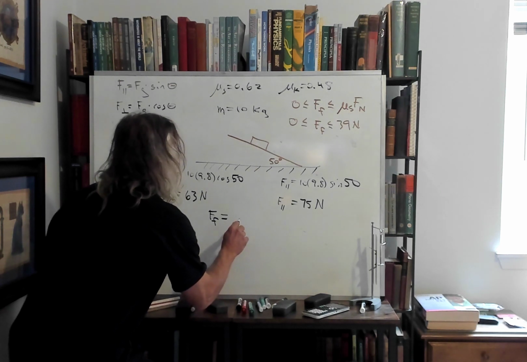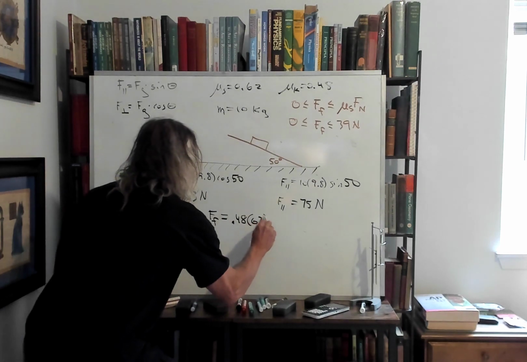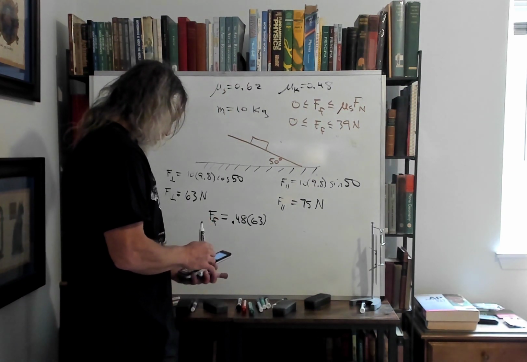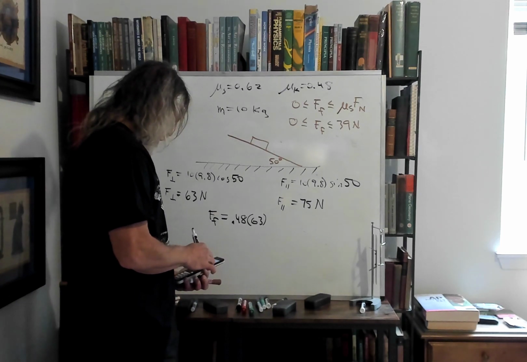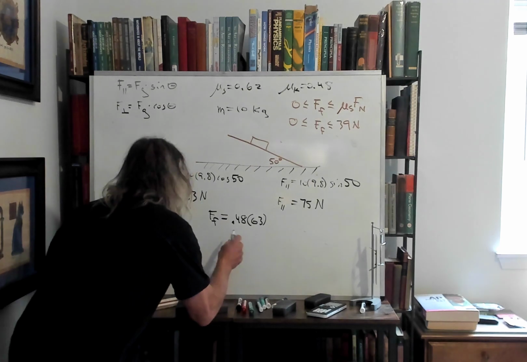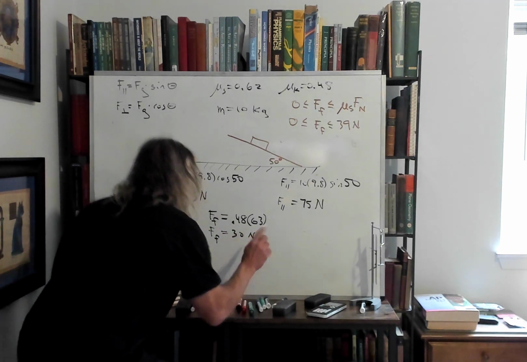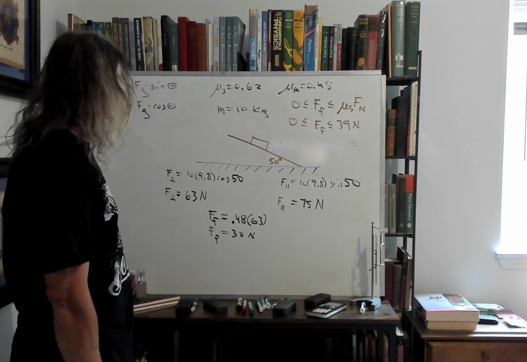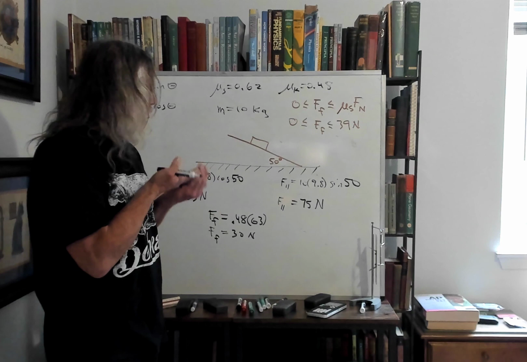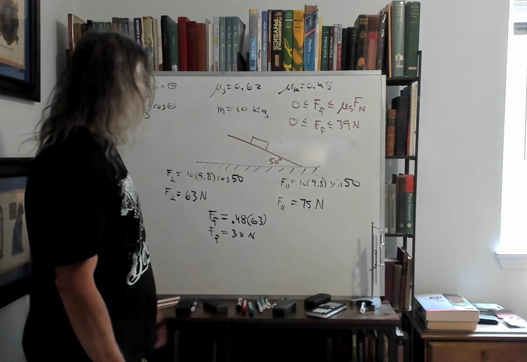We do 0.48 times 63, which should be 30 approximately. And so friction when the object's moving, kinetic friction, the force of friction is 30 newtons up.